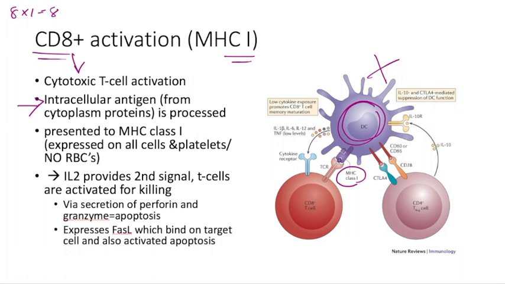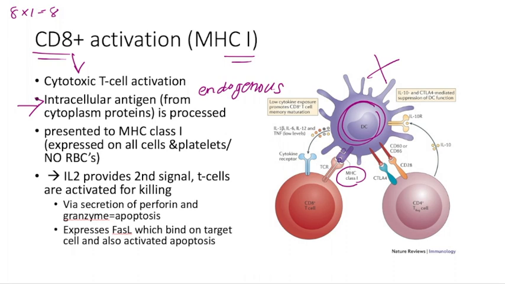And the cell basically is going to activate apoptosis. The way that it's going to do that is bring in the cytotoxic T cell. So it's going to present whatever is going on, and then the CD8 cell is going to bind to that epitope, and we're going to get activation. So it's considered an endogenous exposure.